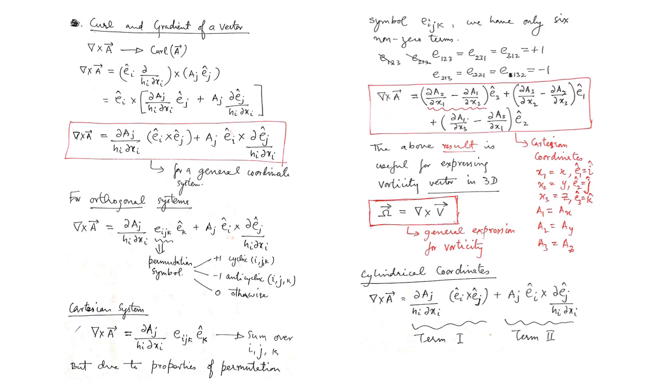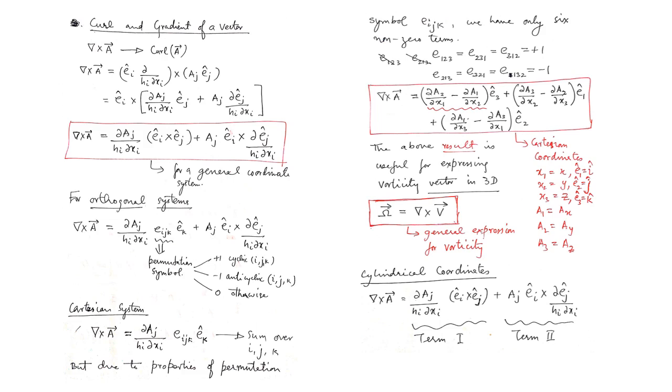So now del cross A has a very general looking form. Once this derivative is done, then in the last step we take the cross product. So naturally e_i cross e_j. Since cross products are not commutative, you cannot write it as e_j cross e_i, because e_i is coming from the left of e_j.